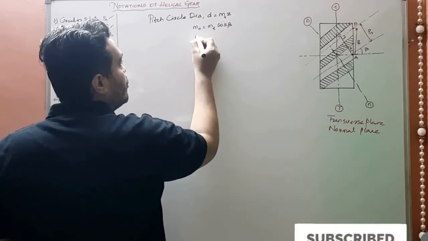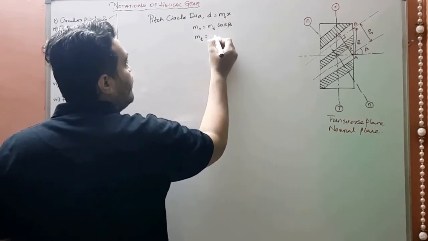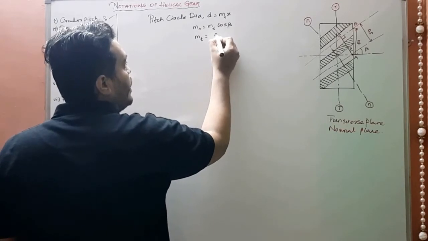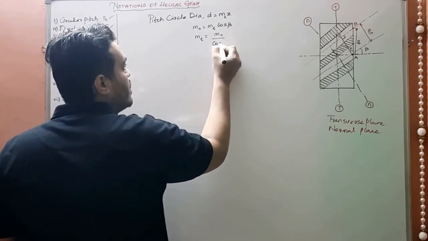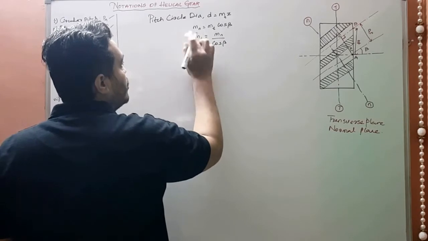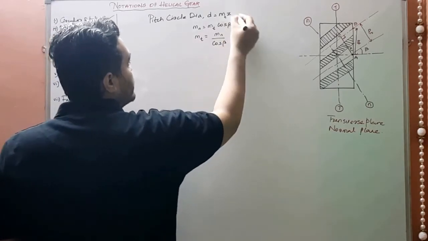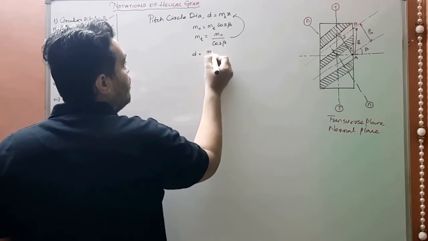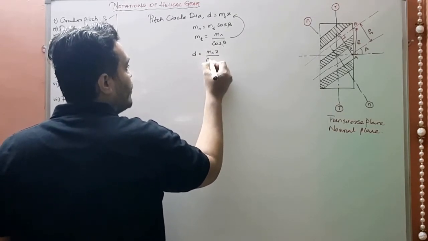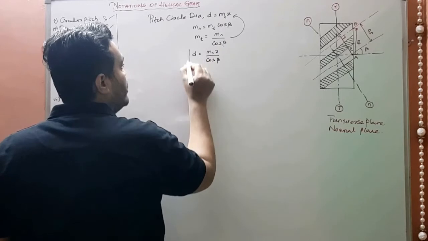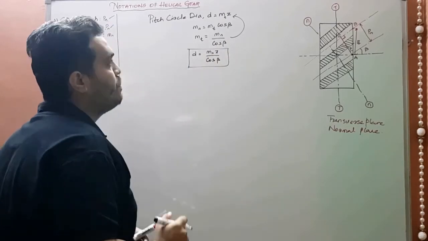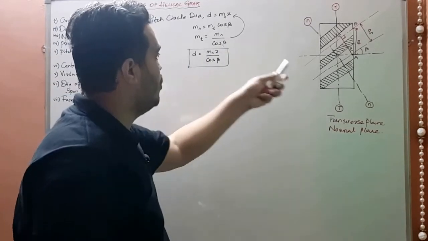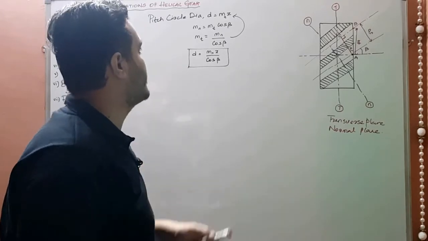If you simplify this, you will get mt is equal to mn by cos beta. If you substitute this into this equation, you will get D is equal to mnz by cos beta. So this is the relation of pitch circle dia. This is how we have to determine the pitch circle dia.